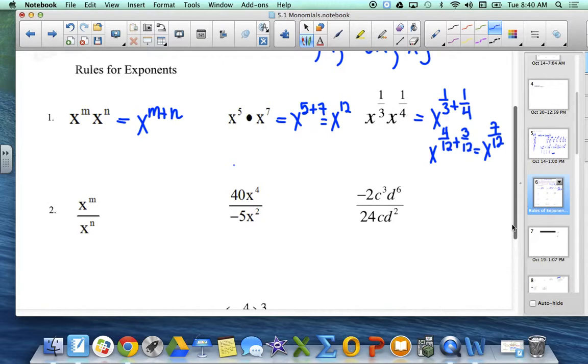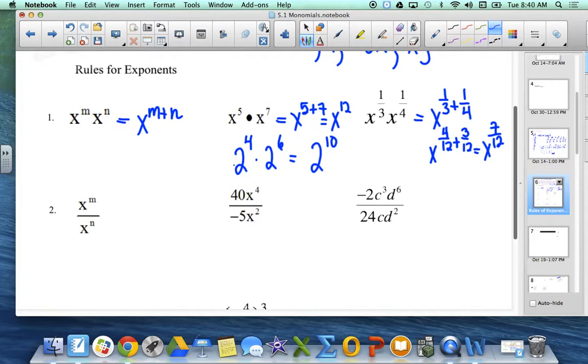Let's put up one more example. If you have 2 to the 4th power times 2 to the 6th power, as long as the bases are the same, you're going to add the exponents. So are the bases the same? Yes, the base is 2 and they are the same. So you would add your exponents and get 2 to the 10th power.